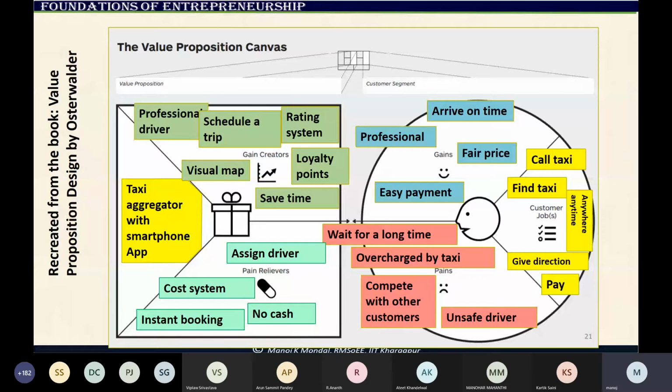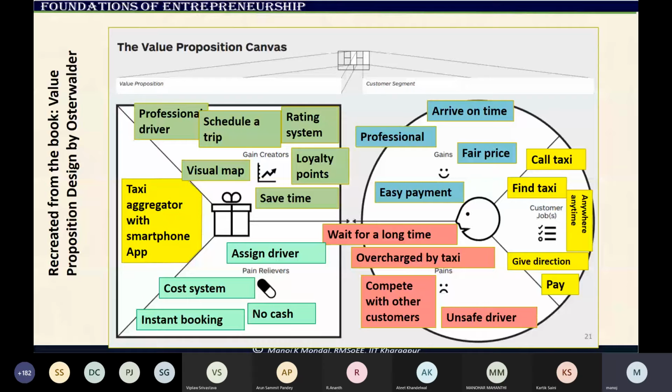You assign a driver and his identity is known. You have a better cost structure compared to traditional taxis. One can instantly book or book in advance, then no cash transaction, etc. On top of that, you give a professional driver, so he is not likely to misbehave or cheat.